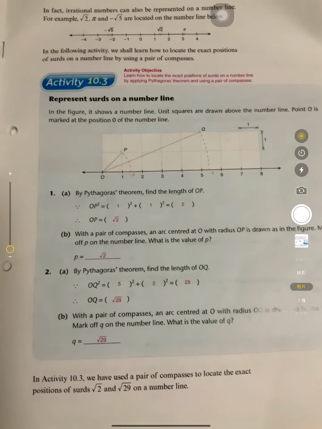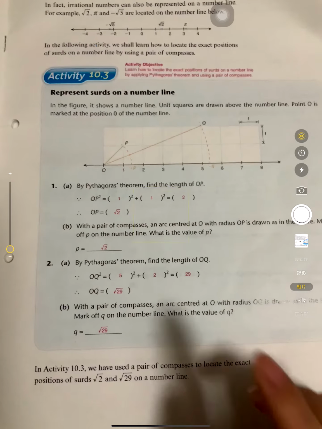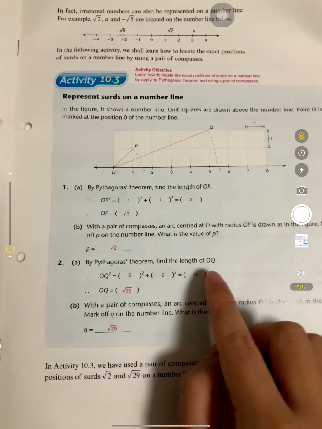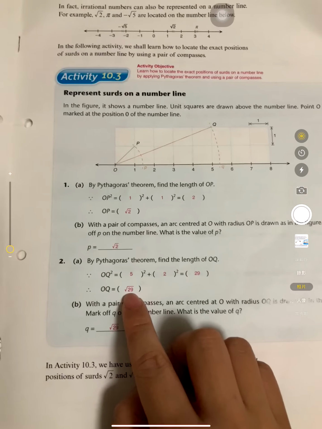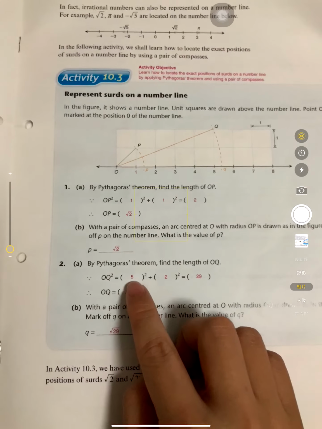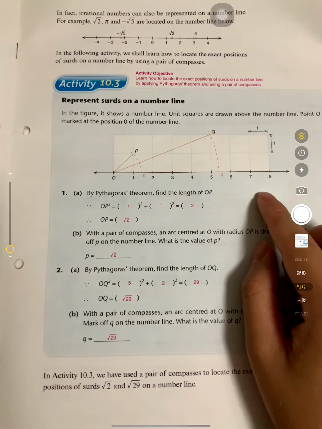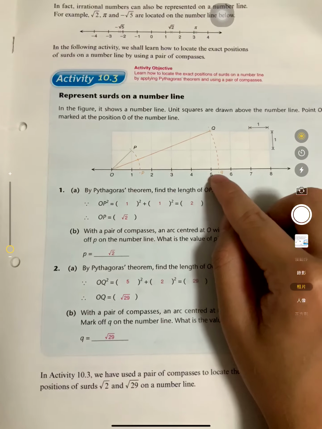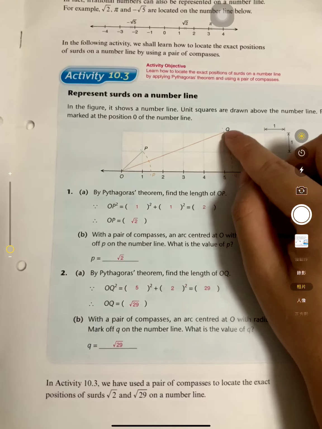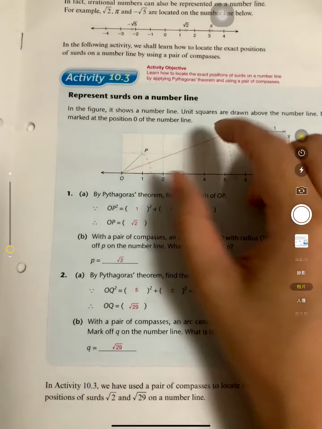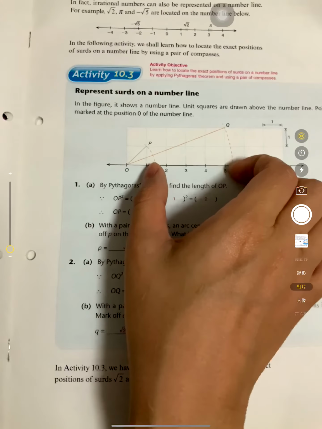So that means for any surd, that is, square root of something, if we know how to express the number inside the surd, for example, square root 29, we know that 29 is equal to 5 squared plus 2 squared, then we can mark square root 29. 5, 2, and then 5 squared plus 2 squared is 29. So this one is square root 29. So again, use the compass and mark here.